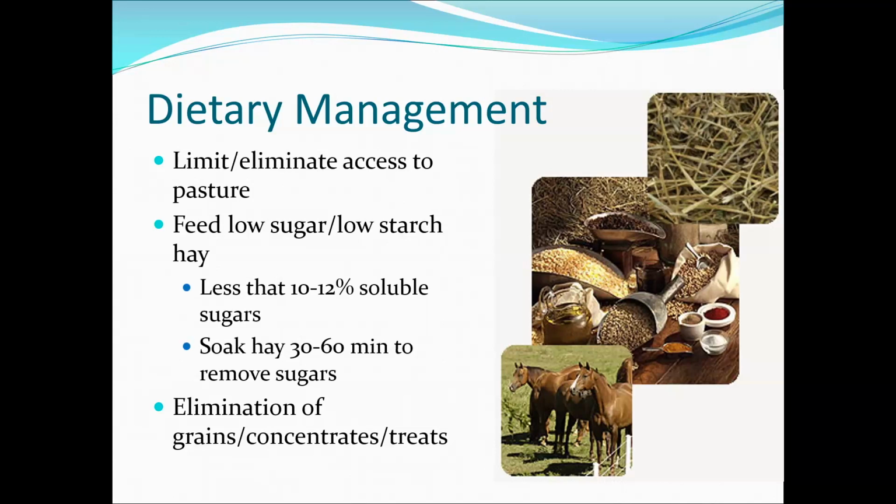Grass hays and legumes or alfalfa hay. Excellent. If we take grass hay and alfalfa hay, which one tends to have more sugar? Grass hay, excellent. Alfalfa hays tend to have more of what nutrient? Protein, excellent, good job. So our grass hays tend to have more sugars.